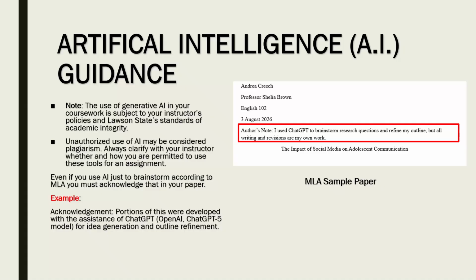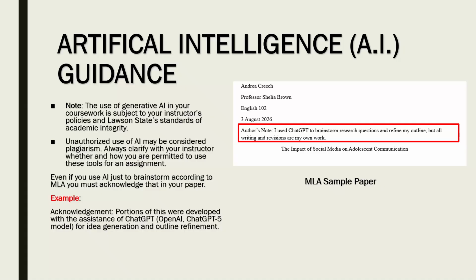Even if you use AI just to brainstorm or organize your thoughts, MLA guidelines require you to acknowledge the assistance directly in your paper. For instance, your acknowledgement should look like this, and it should appear on the first page of your essay.